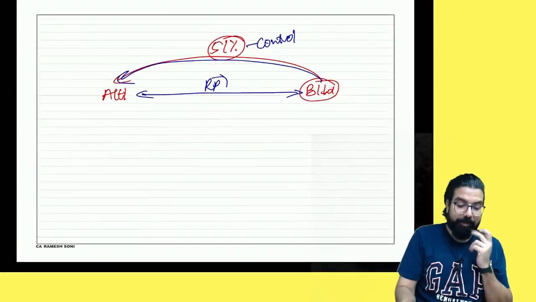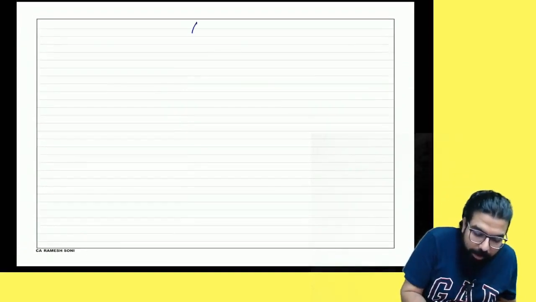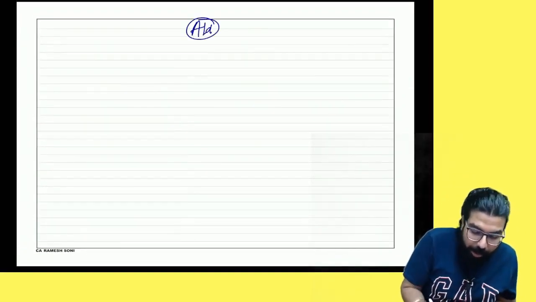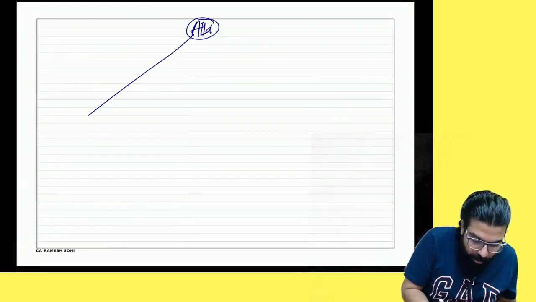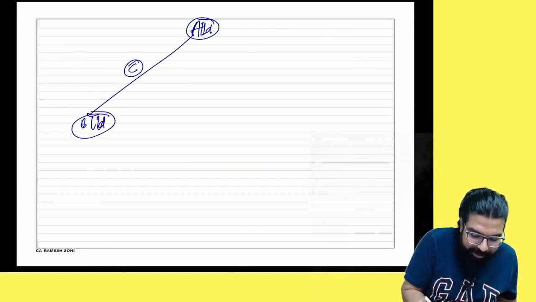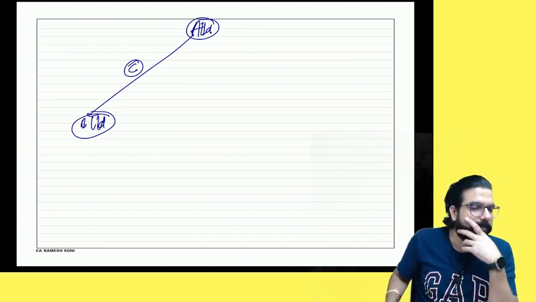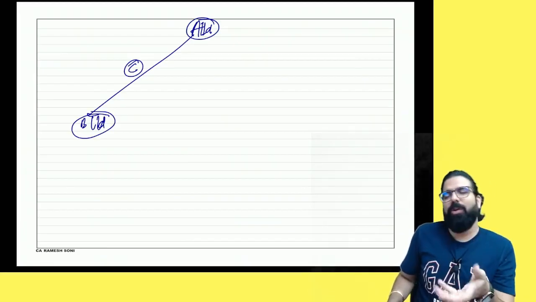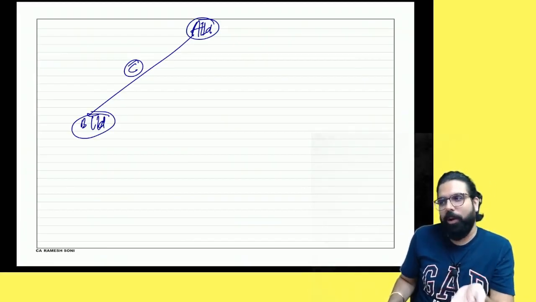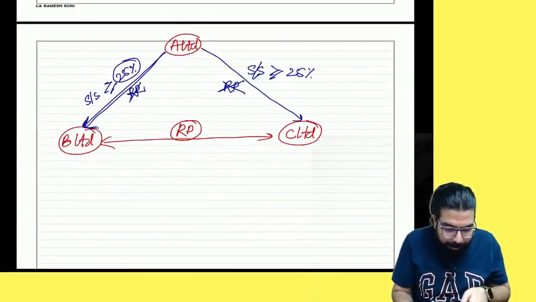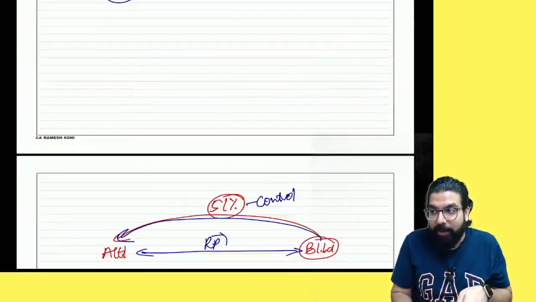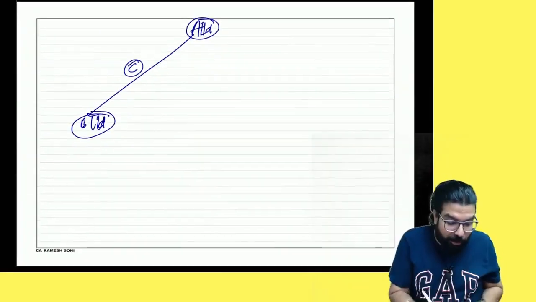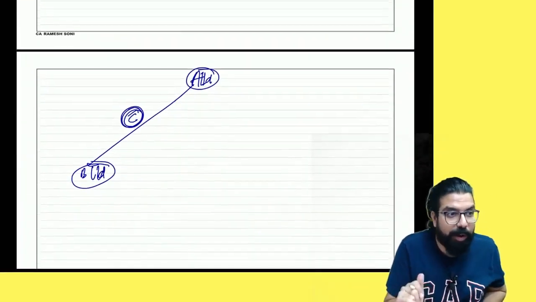Chalo, next. A Limited, one minute, everyone, controls B Limited. My question is, are A and B related? See, with 25% share they are not related. But when you are controlling another person, it means you are holding at least 51% share.